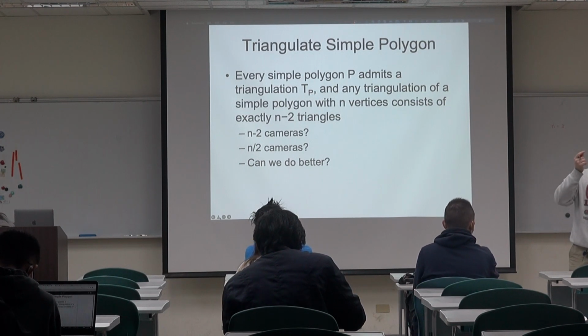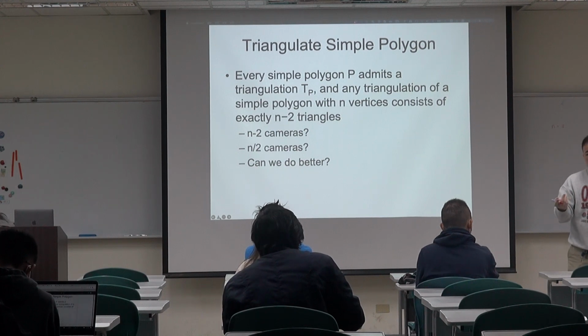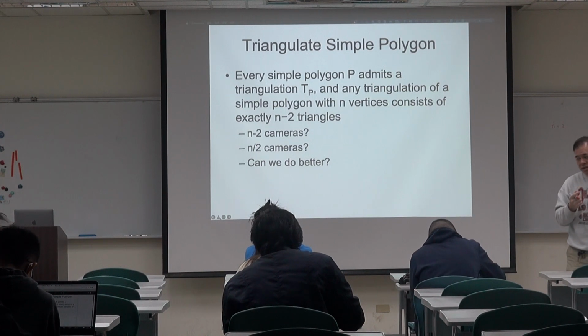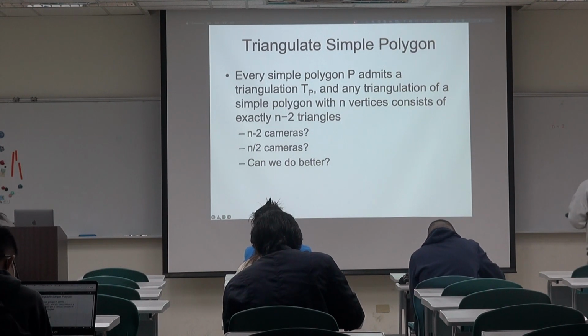And for any simple polygon with only 3 vertices, it must be a triangle. There's no way you can draw anything else other than a triangle. So this is the base case.